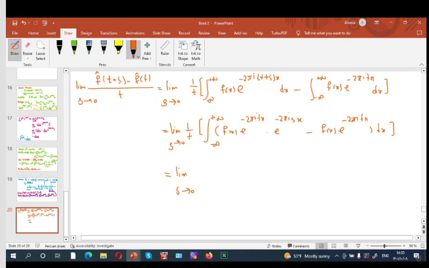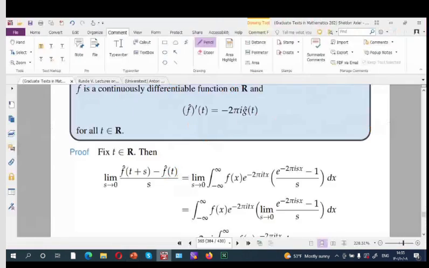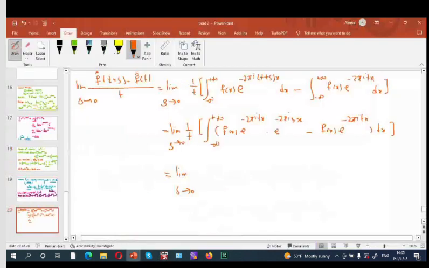We can move this to the other side. It is equal, but in the book they consider s. Let me change this to 1 over s.